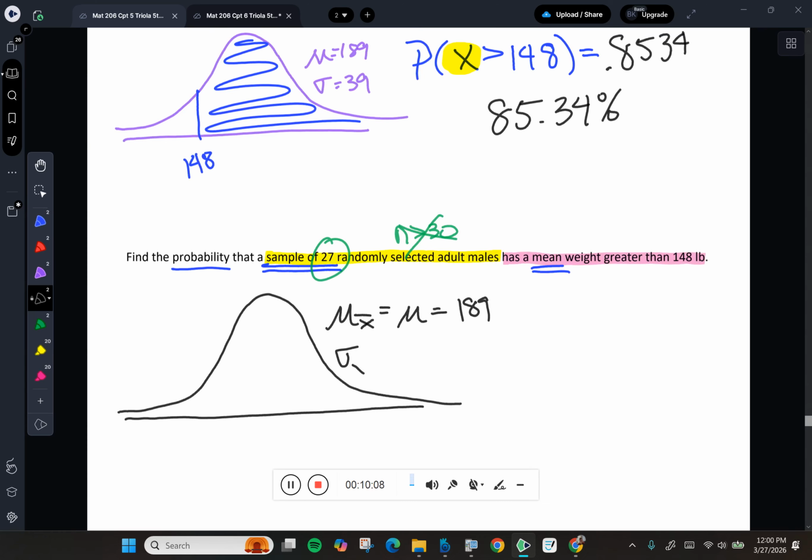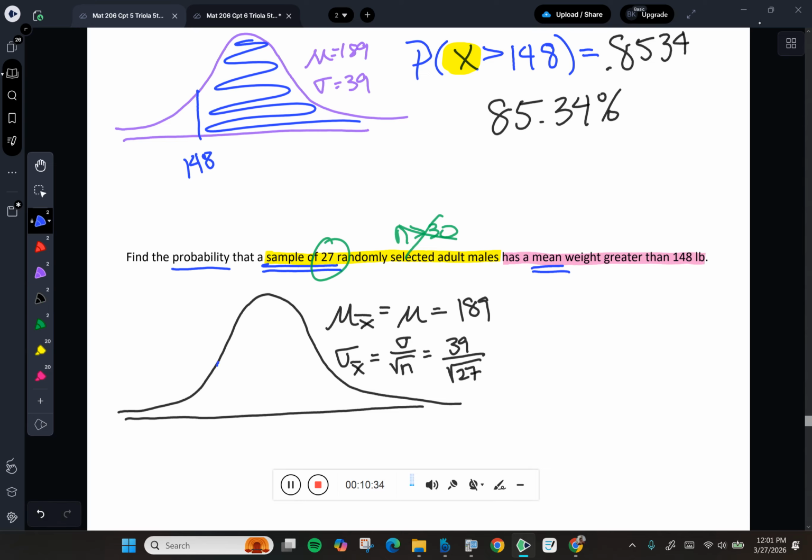It also tells me that the standard deviation for a sample from a population will be the standard deviation of the population divided by the square root of the sample size, which in this case is going to be 39 divided by the square root of 27. I don't care what that number works out to be. I'll worry about that later.